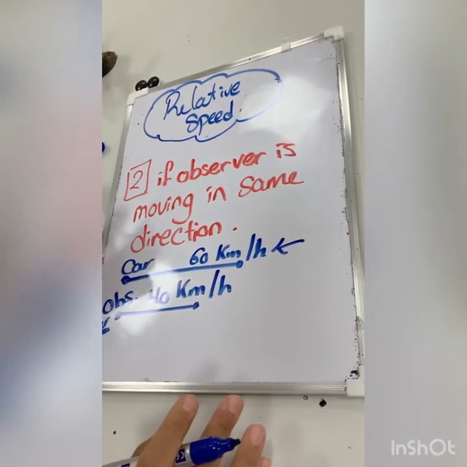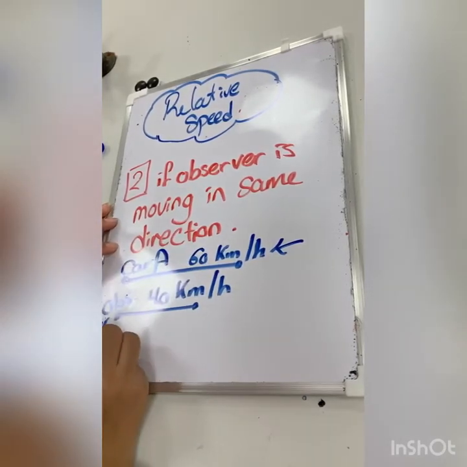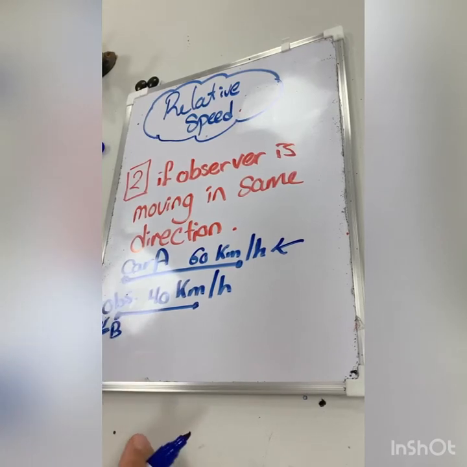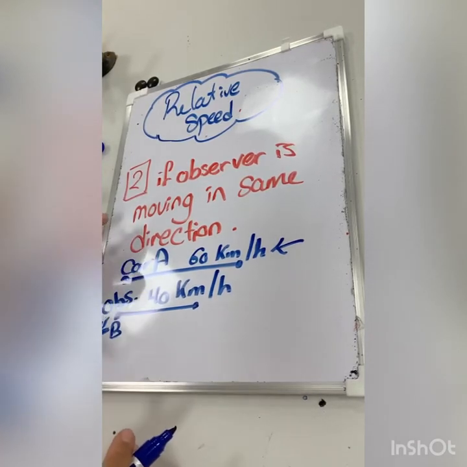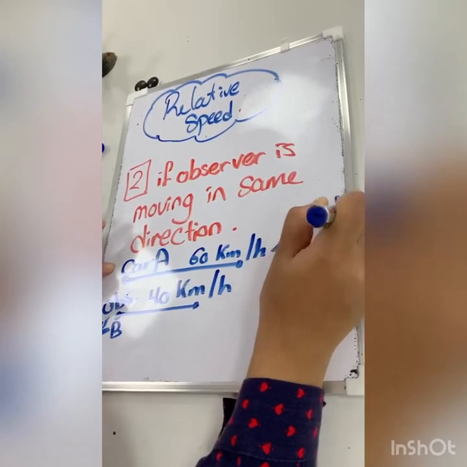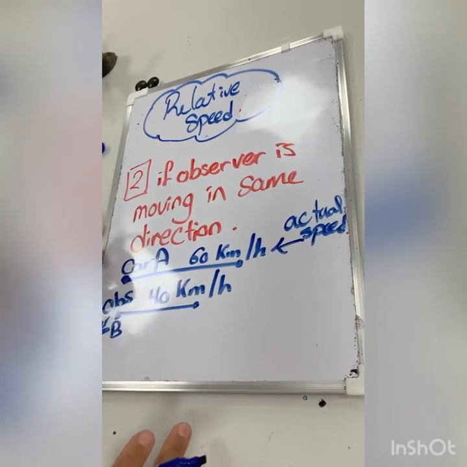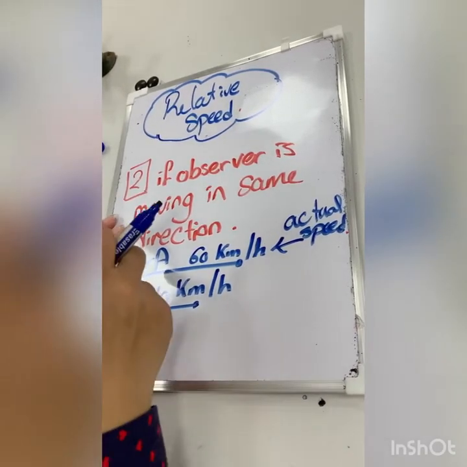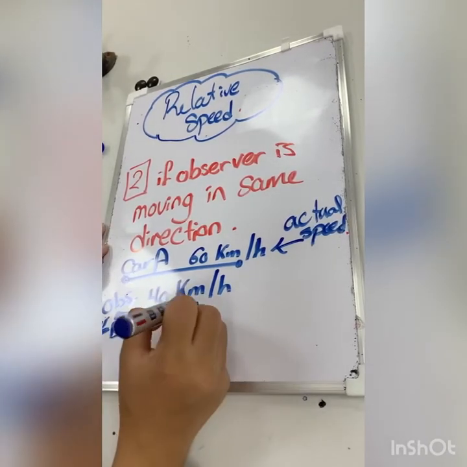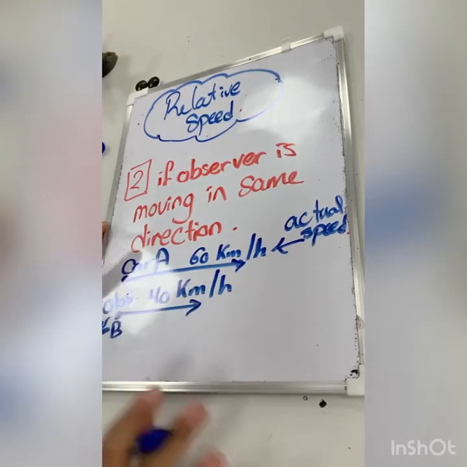So what's the relative speed here? That is, what's the speed of car A relative to the observer in car B? The actual speed of car A is 60 kilometers per hour. What's the relative speed of car A relative to an observer in car B? They are moving in the same direction, but of course at different speeds.